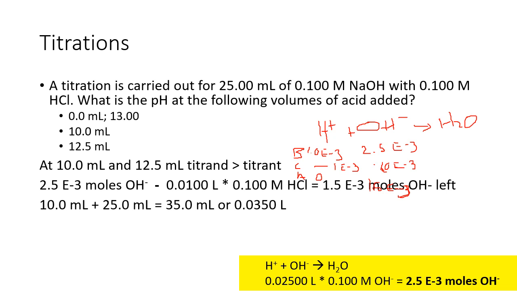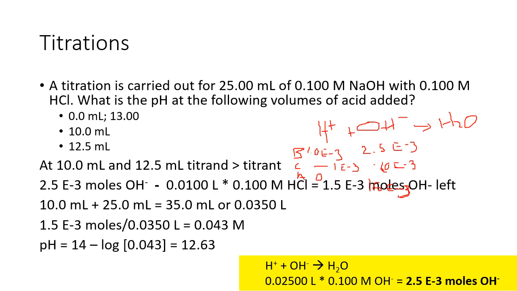We take our moles over our liters to get molarity, and that's 0.043 molar. And finally, we plug it into the negative log equation and we get 12.63. So we've now done 2 out of 3 of the things before the equivalence point.